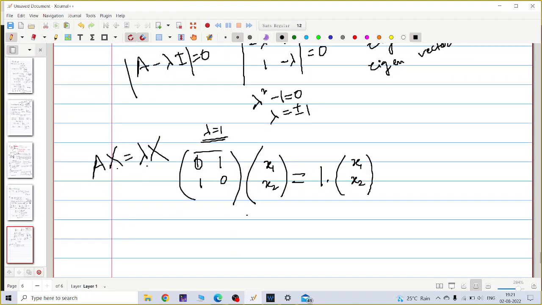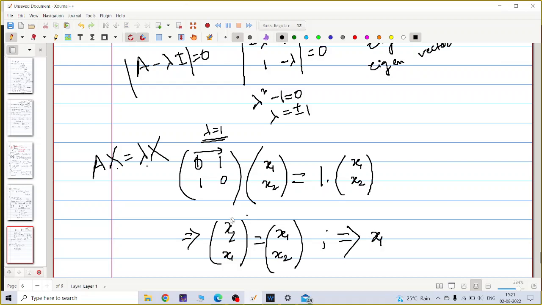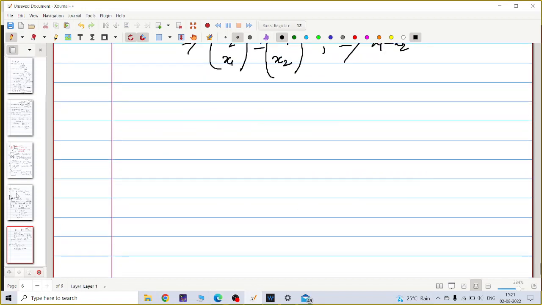Matrix multiplication gives (x2, x1) equal to (x1, x2). So x1 equal to x2, and the eigenvector is generated by (1, 1). So X is (1, 1).